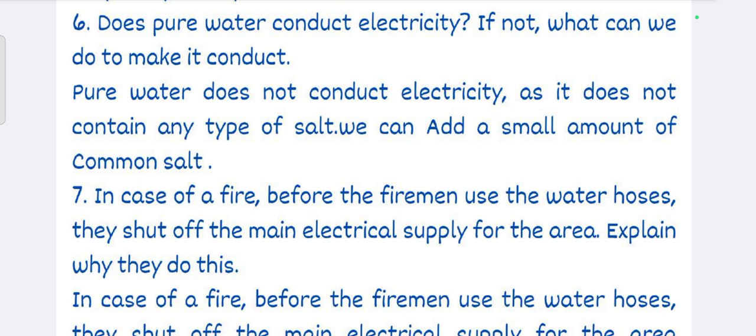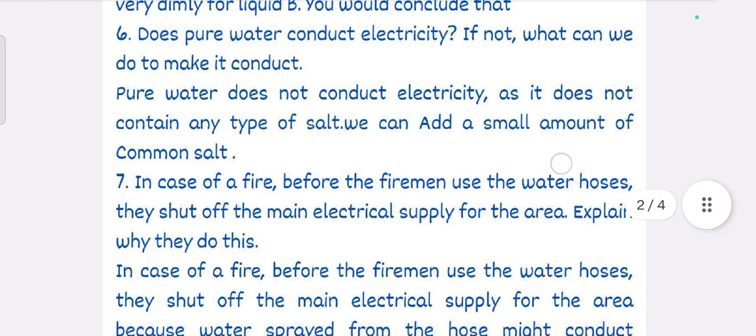We can add a small amount of common salt.